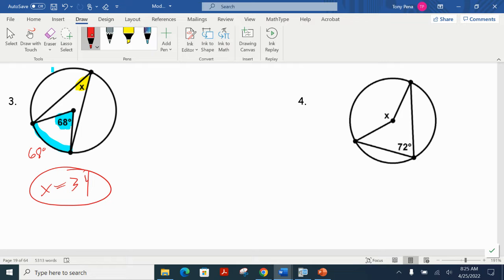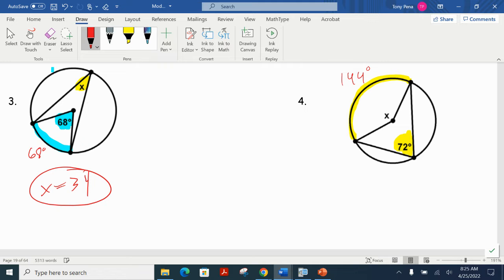Whereas in number 4, I am telling you that this is 72. So then the arc that it intersects, if this is 72, Joel, what would the arc here have to be? 136. Or 144. Okay, yeah, 144. I was confused myself there.